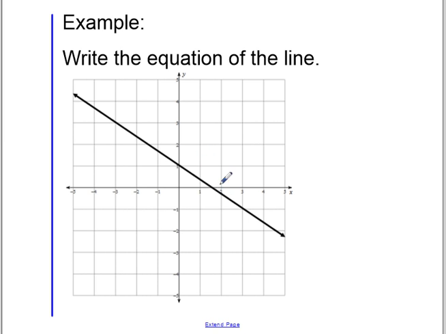We have a y-intercept that is happening right here at positive 1. And we can count a slope by counting rise and run. Our rise is actually a down.